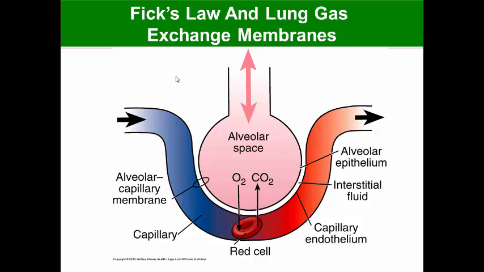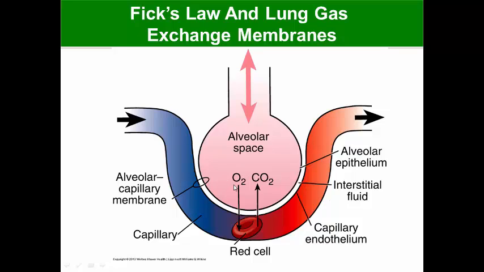So now let's apply Fick's law of diffusion to the exchange of gases across the alveolo-capillary membrane. Oxygen diffuses from the alveolar air into the blood in the pulmonary capillaries, because the pressure of oxygen is higher in the alveolar air.